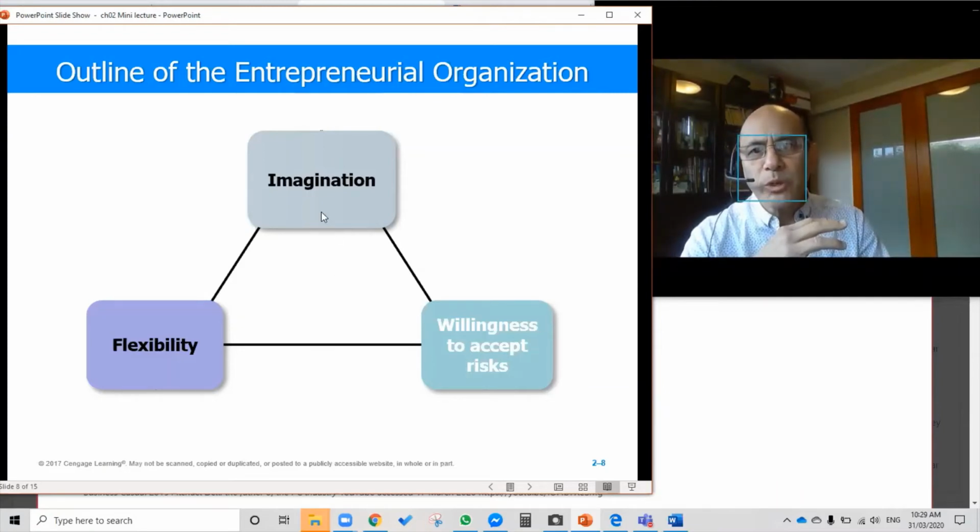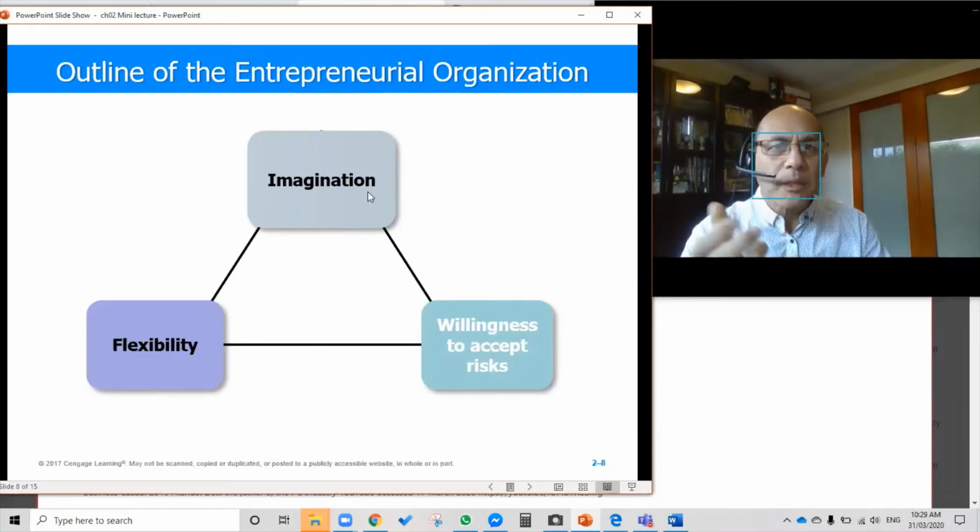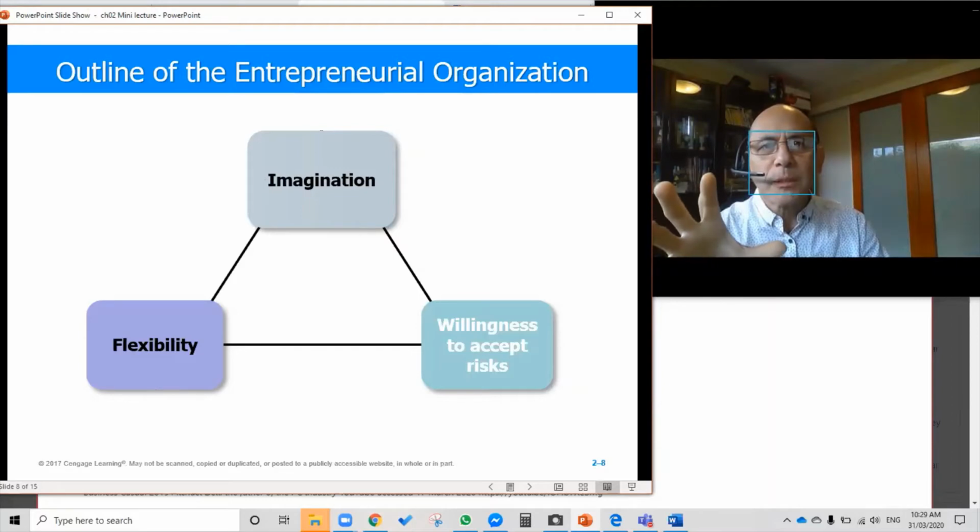So entrepreneurial organizations have a lot of imagination. Again, an example would be the Apple company. And they're not just driven by the usual rules of doing business. Again, as I was saying, that flexibility. They've got this creativity to think of new ideas.